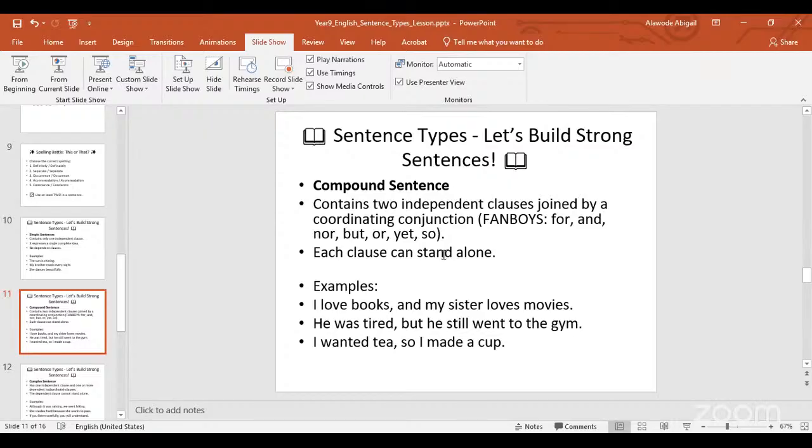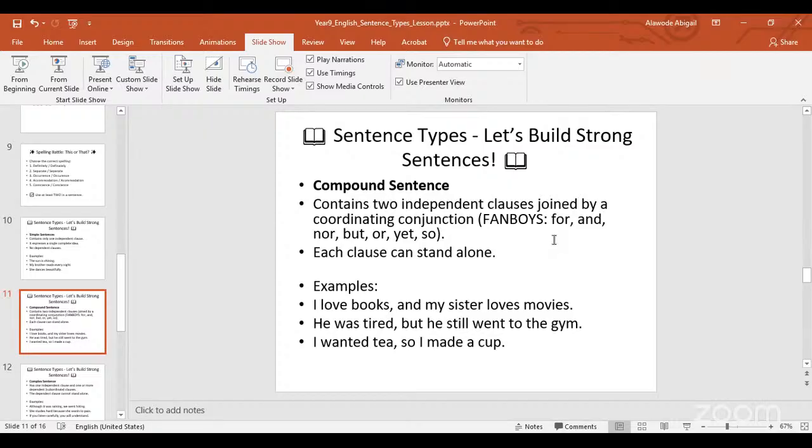When we say fanboys, we mean for, and, nor, but, or, yet, so. It's just an acronym, so you don't need to panic. Any sentence that has these conjunctions bringing two clauses together, we call a compound sentence.